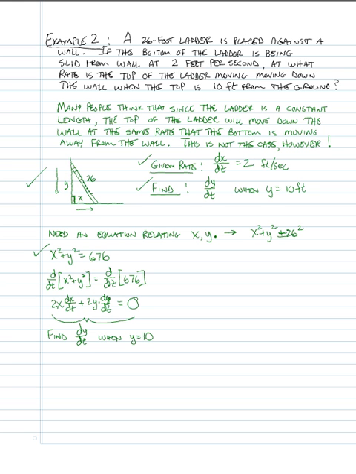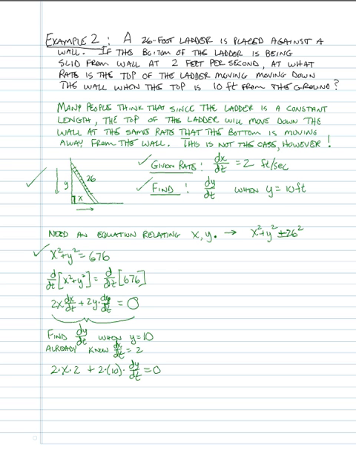And we already know that the derivative of x with respect to t is 2. And so we can take this equation and put the information we know in. So we can say 2 times x, we don't know x, do we? 2 times x times 2, the derivative of x with respect to t, plus 2 times y, but we know in this case y is 10, times the derivative of y with respect to t is equal to 0.